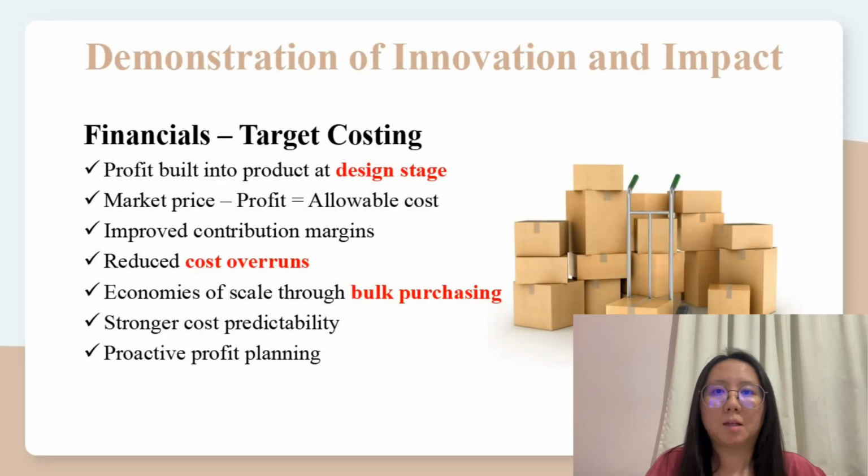After that, the company deducts its desired profit margin to determine the allowable cost. Because of this approach, financial discipline is built into the product even before manufacturing begins. This significantly reduces the risk of cost overruns and ensures that every product remains profitable in the competitive market.